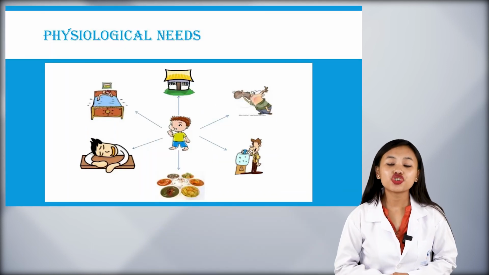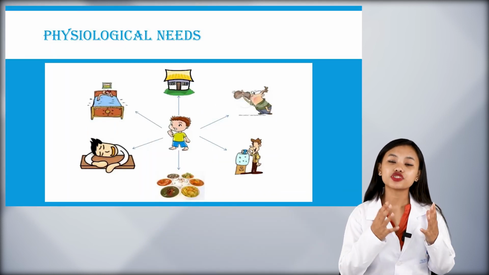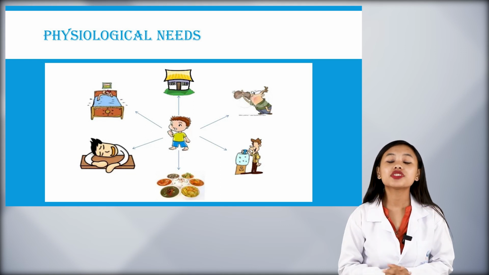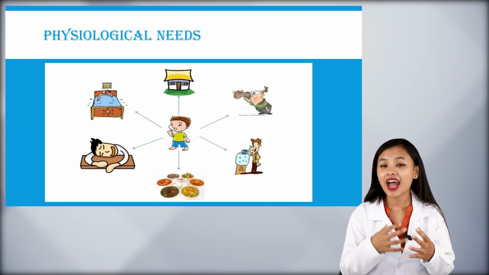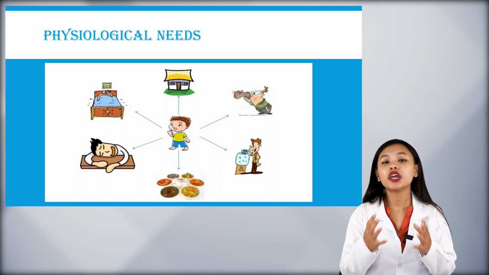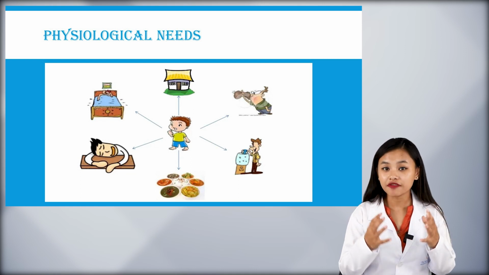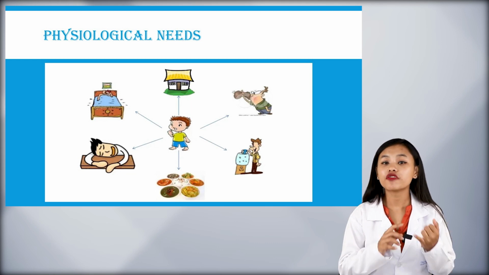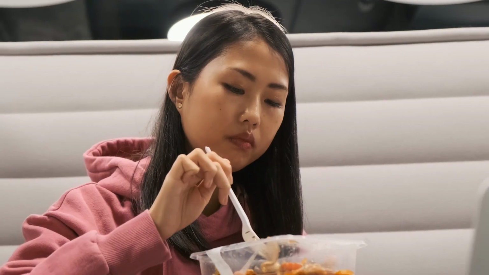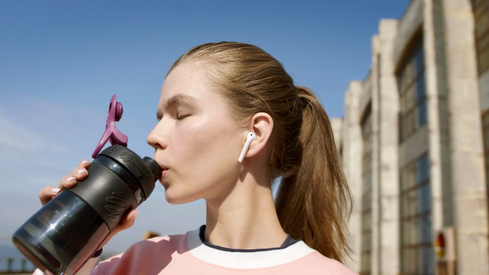The first stage of the hierarchy is the physiological stage, a stage that is required to sustain life. Any activity which we perform in order to survive falls under this stage. So the act of breathing, excretion, as well as the desire for food, water, sleep, and homeostasis are considered the basic needs of human life.